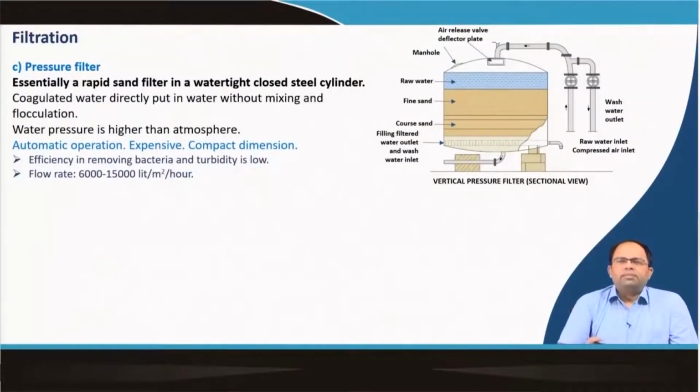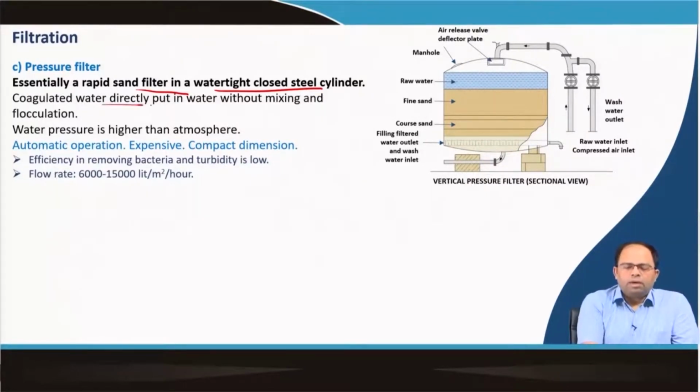Then we take the pressure filter. This is another form of rapid gravity filter, you can say, but here it is basically a rapid sand filter in a watertight closed steel cylinder, and it is a totally compact process where coagulated water is directly put in, without mixing and flocculation, and water pressure is higher than atmosphere.